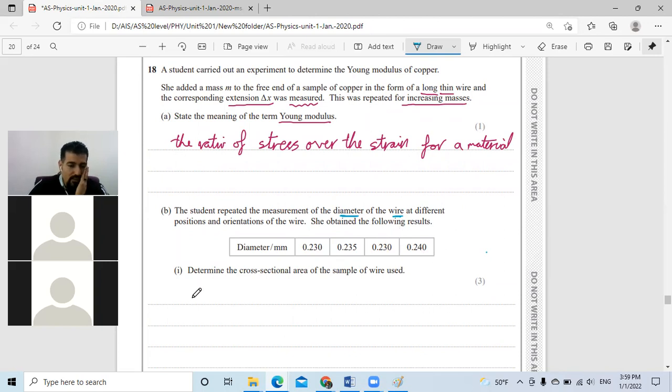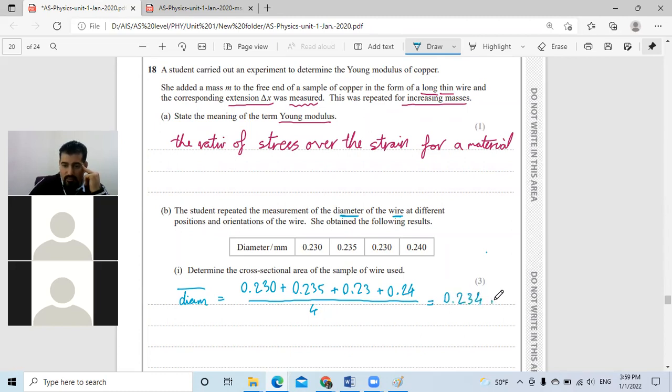We find the average of the diameter: 0.230 plus 0.235 plus 0.23 plus 0.24, divided by 4, which equals 0.234 millimeters.